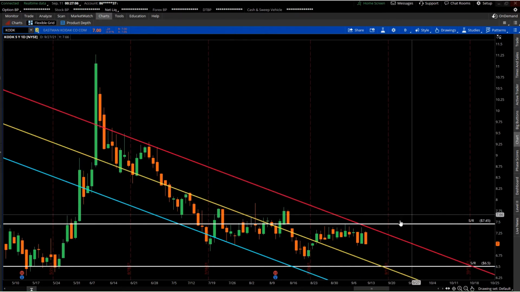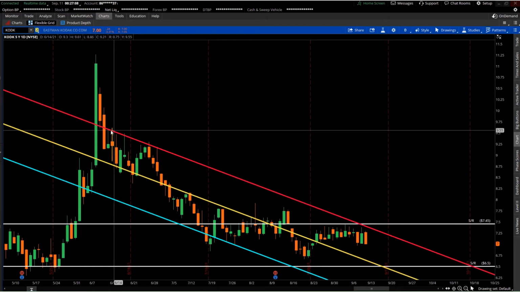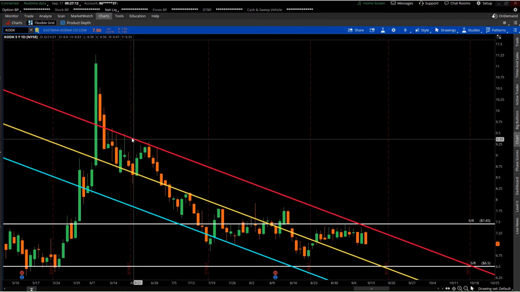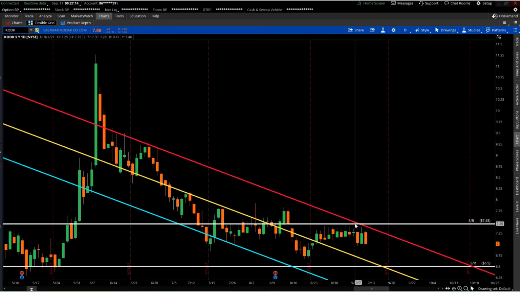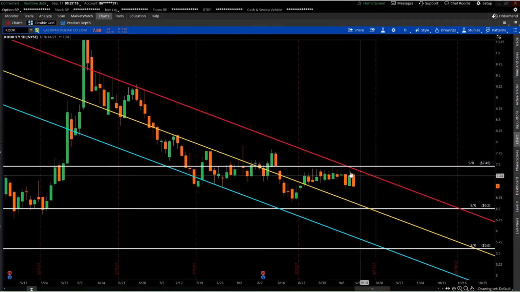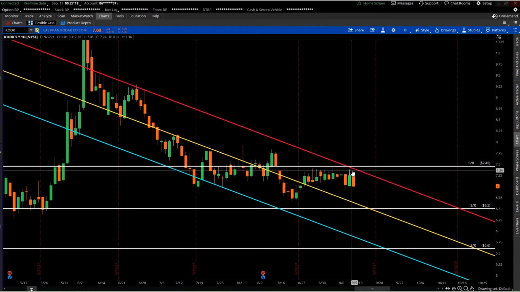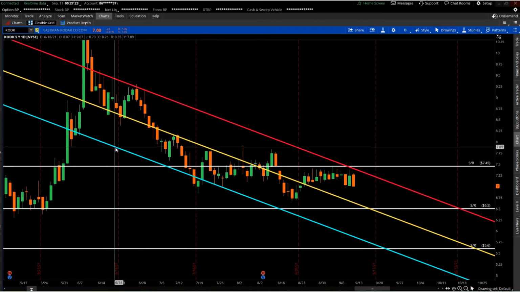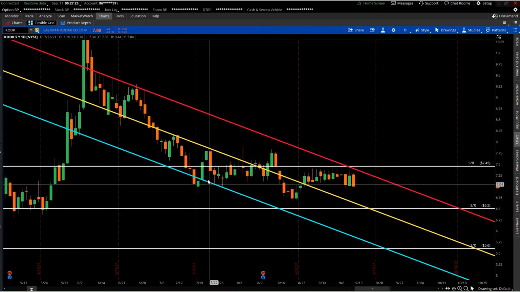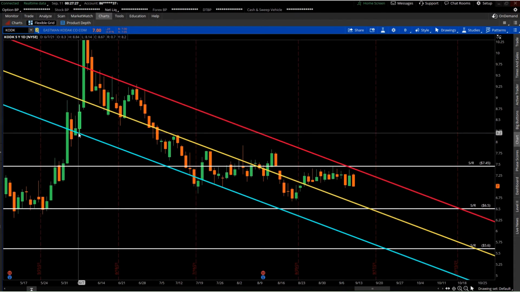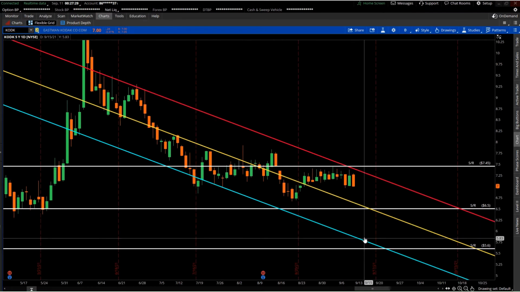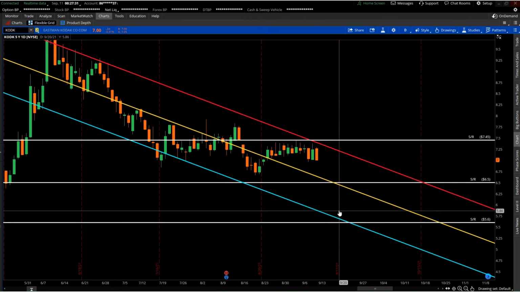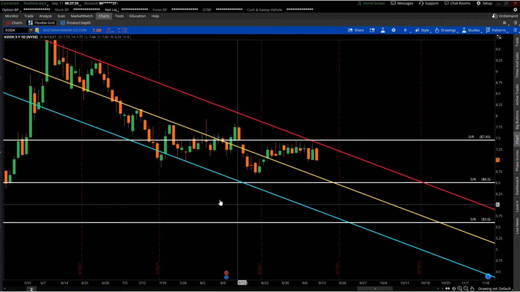So that will justify the upper band of this channel being resistance, and we can see that here, right? And from what it looks like, price is coming up against it now, right? And the blue channel is support here and may come into support again sometime in the future.